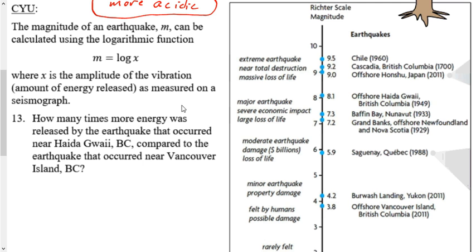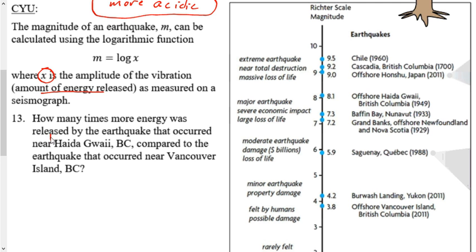So similar to our previous question, we're going to be looking at a ratio. And since we're looking at how many times more energy, and here we're told x is the amplitude, which is an indication of the amount of energy released, we want to compare these two x values. Now, just to simplify it for me, I'm going to say that Haida Gwaii, BC, I'm going to just call that 1.